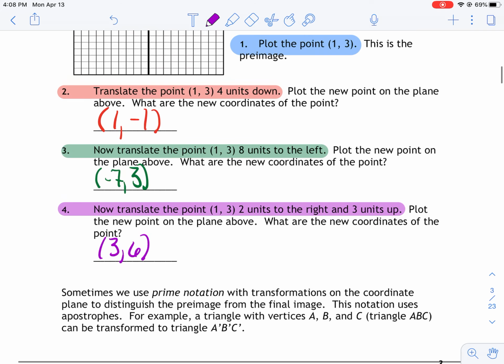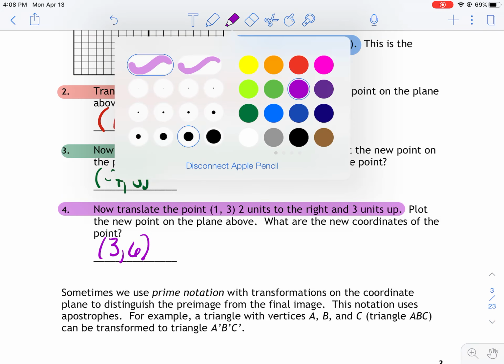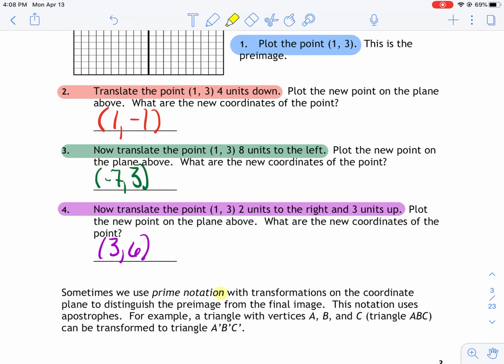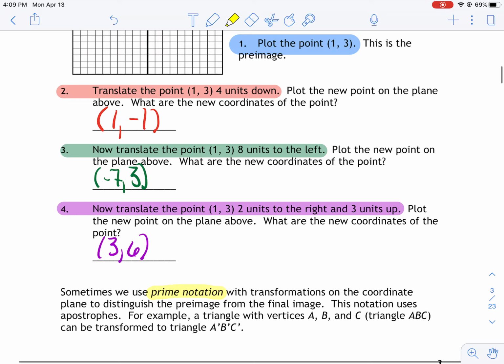Okay, so on the coordinate plane, sometimes we use something called prime notation, to let us know what's the pre-image and what's the final image. So sometimes we'll have shapes and we'll identify shapes by their vertices, like for example, triangle ABC, down here at the very bottom.